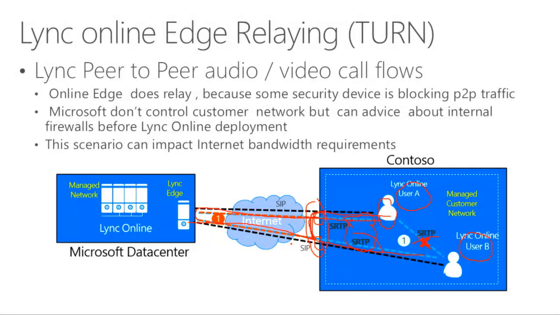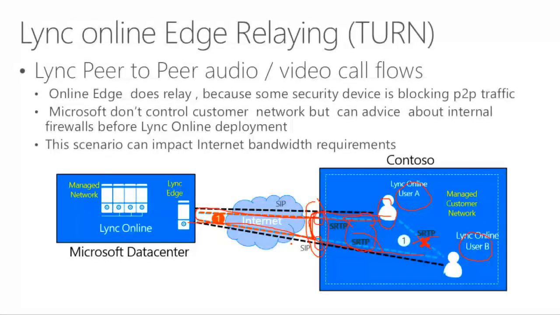You know that if something like this is going to happen, you can fix it and take care of this. But since you are not managing the Lync Online servers, you don't know what is going to happen. So you have to take care of your network in order to avoid this scenario, because it's going to increase your bandwidth.